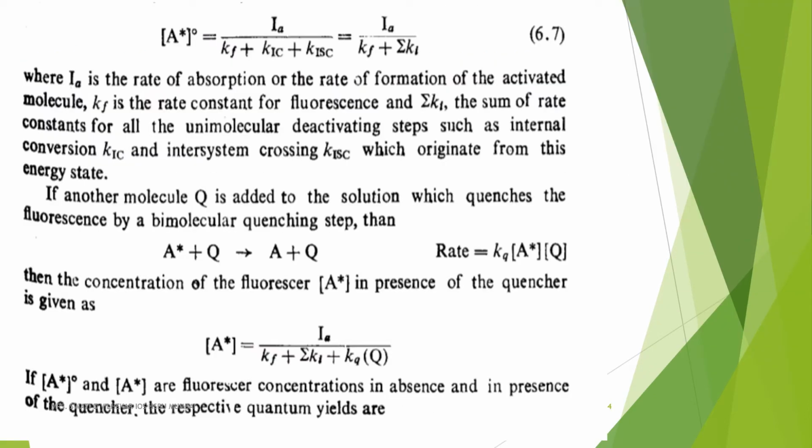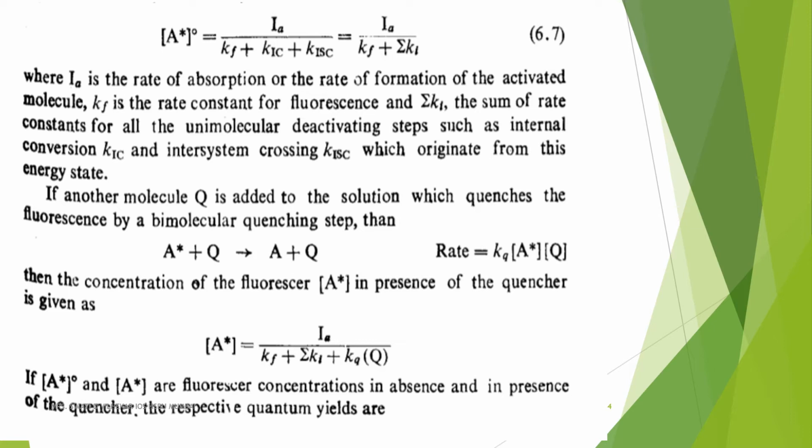Here A star naught is the concentration of the fluorophore in the absence of quencher, and we have seen the rate equations earlier, how to write the rate equation. So from that we can calculate the concentration of the substance.